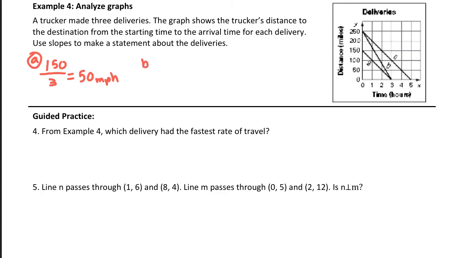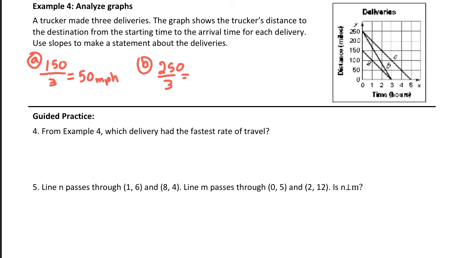For delivery B, our driver, think about change in X, change in Y, traveled 250 miles in 3 hours. So between A and B, his deliveries, or her deliveries, took the same amount of time, but one delivery trip was longer.